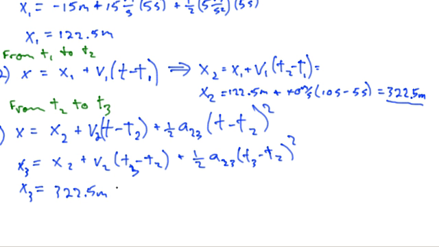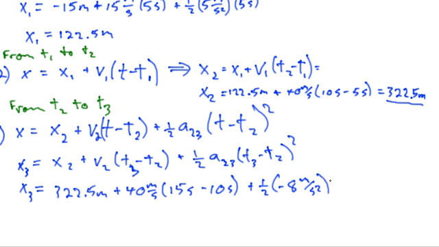322.5 meters plus 40 meters per second times 15 seconds minus 10 seconds plus 1/2 times minus 8 meters per second squared times 15 seconds minus 10 seconds quantity squared.